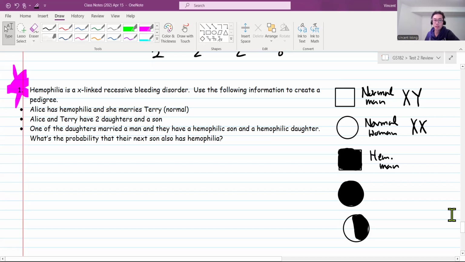Nobody knows. It doesn't matter what subscript you use. You could keep with C if you want, or you could use H for hemophiliac. But what is the genotype here? Okay, yeah. So we can go X, H, and then Y, right? Or XC if you want, doesn't really matter.